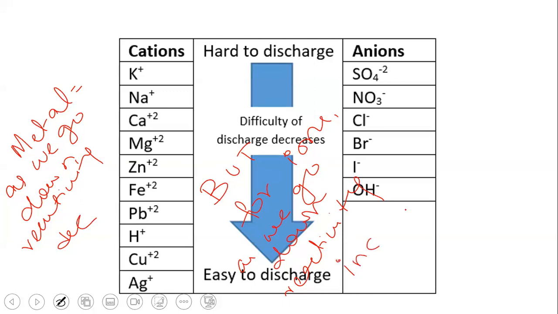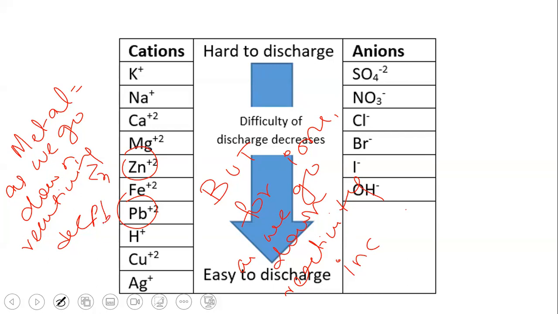Remember this. If it's a metal, it will decrease. It will become less reactive. If it is an ion, it will become more reactive. Okay? Metal will become less reactive. Ion will become more reactive. So if I say between zinc and lead, zinc metal and lead metal, what happens?